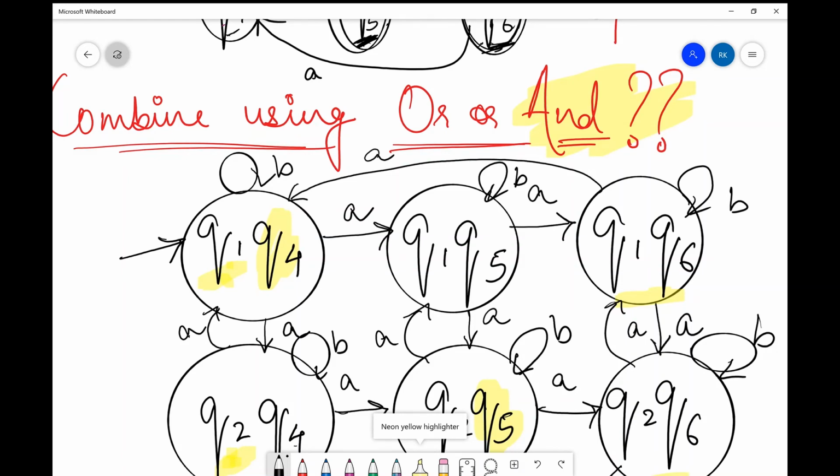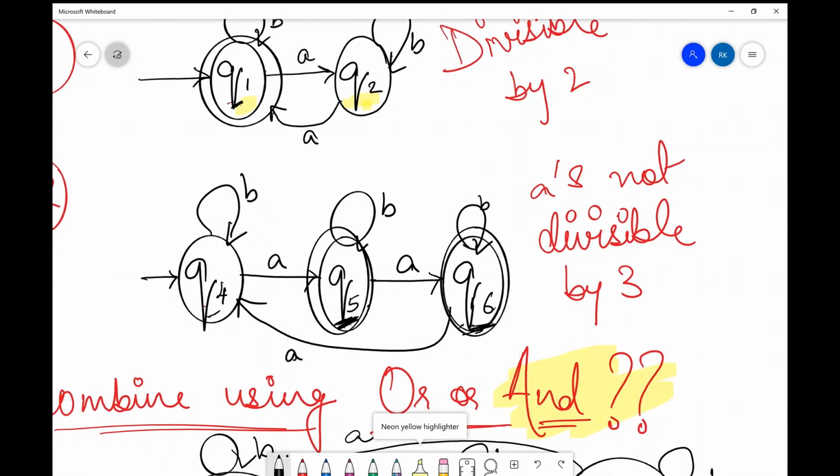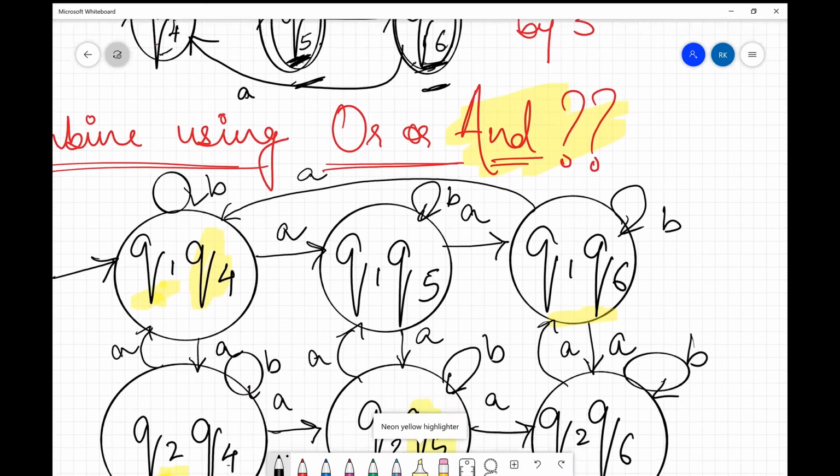Okay. Now, final states. Again, Q1 was the final state over here, Q5 and Q6 over here. So their combination will be the final states in our combined DFA. So Q1, Q5 and Q1, Q6, these two will become the final states in our combined DFA.